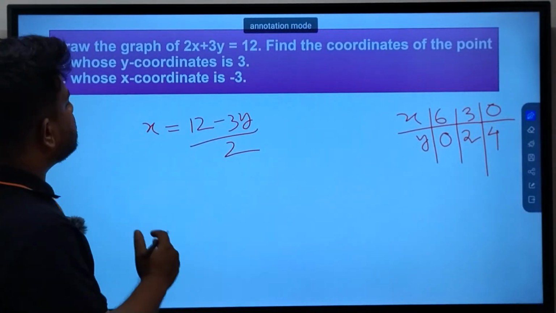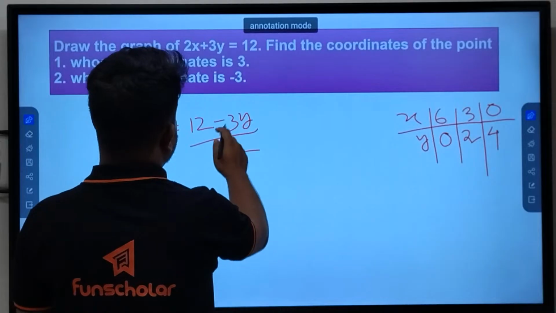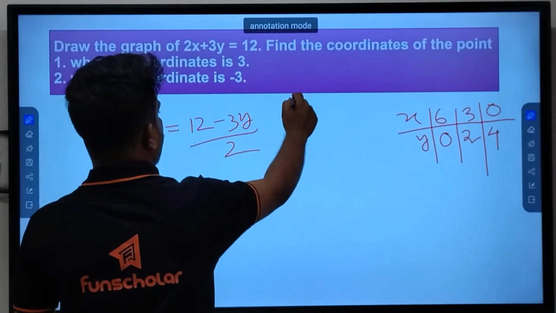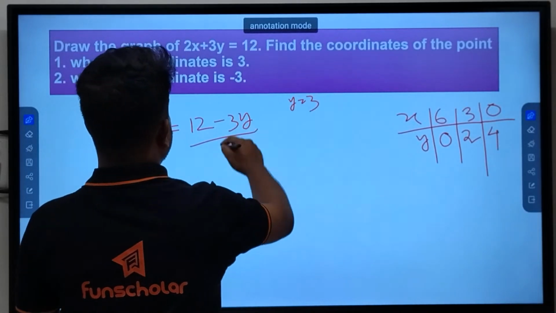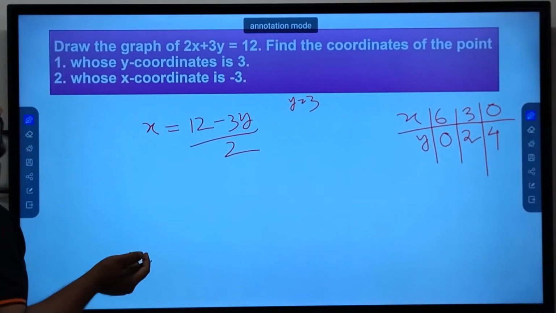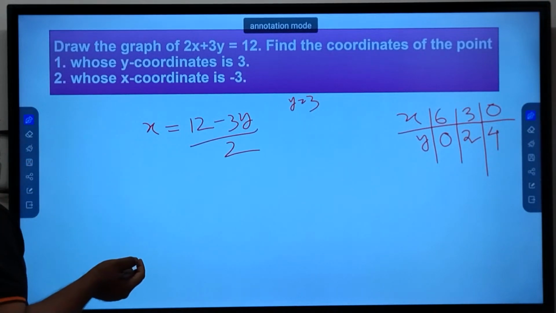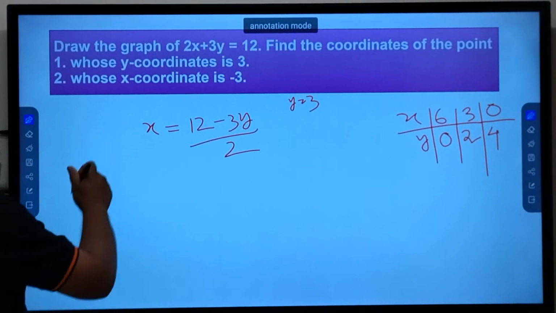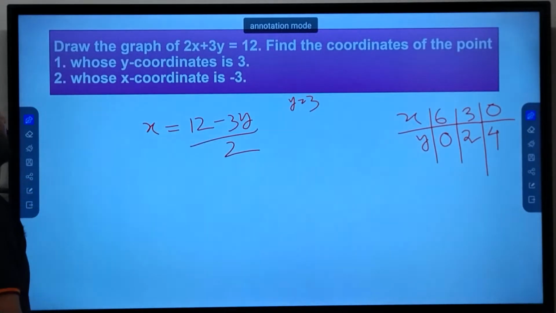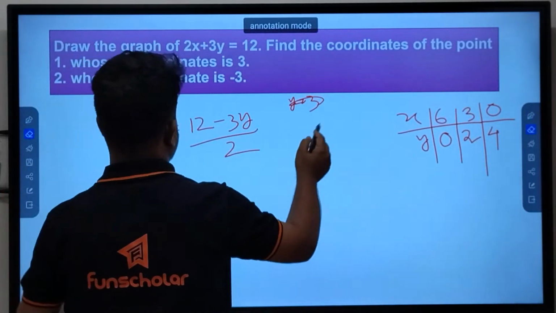So y's coordinate is 3. If I put y equals 3, the x coordinate will be 1.5. And whose x coordinate is minus 3? If I put minus 3 in x's place, it will be 6, maybe. I don't know. Okay, no, you don't have to do it like this.